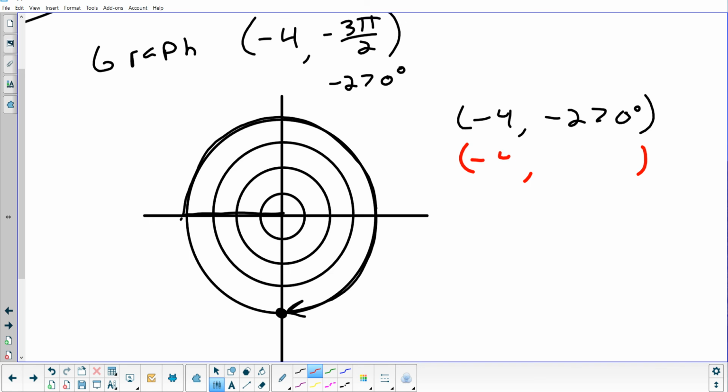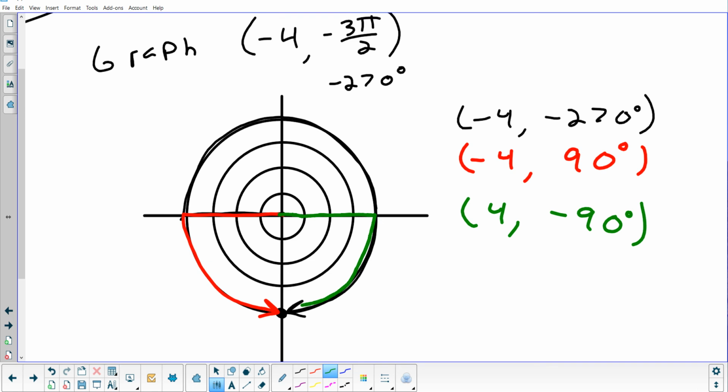So if we did -4, that would bring me left 4, and then 90 would bring me that one. Yep. What would you do? -90. So +4, -90. 1, 2, 3, 4. So you go the other way.